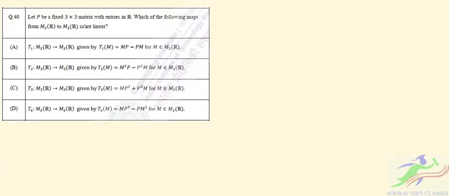So question number 40 says that let P be a fixed 3 cross 3 matrix with entries in R. Which of the following maps will be linear? So we have to find from the following options which of them are linear transformations. Let us consider M as M1 plus lambda of M2.